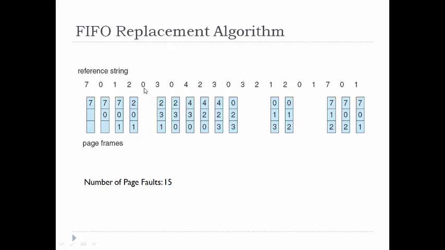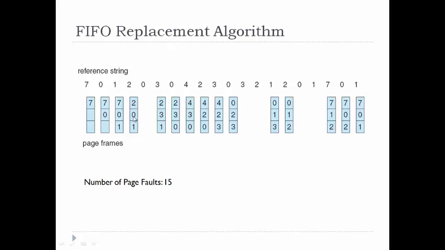The next string to be inserted is 0, and 0 is already present in the frame, so we are not going to replace anything. The next is 3, and you check in the reverse order: 0, 2, 1.